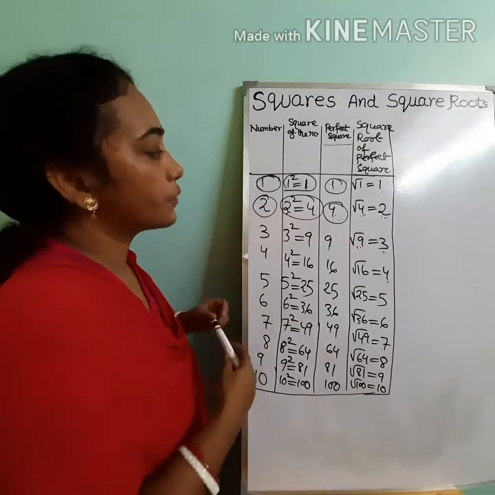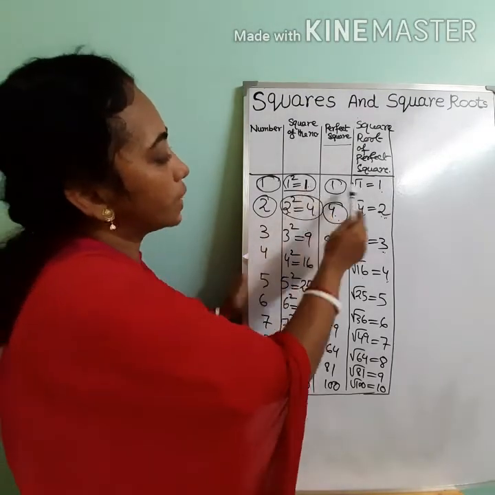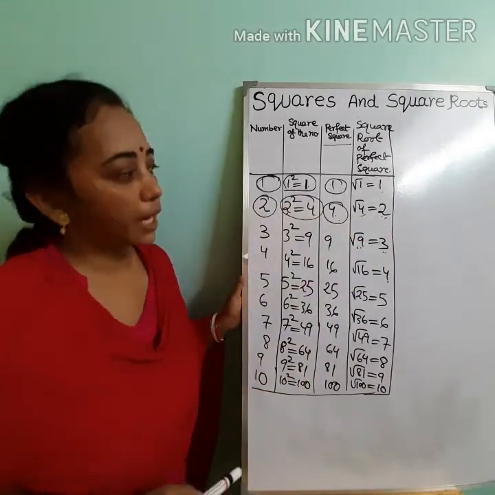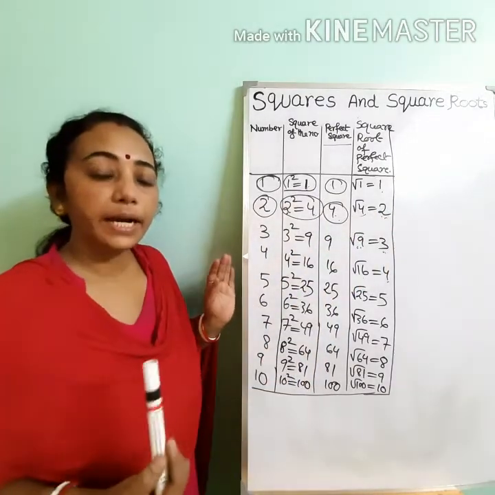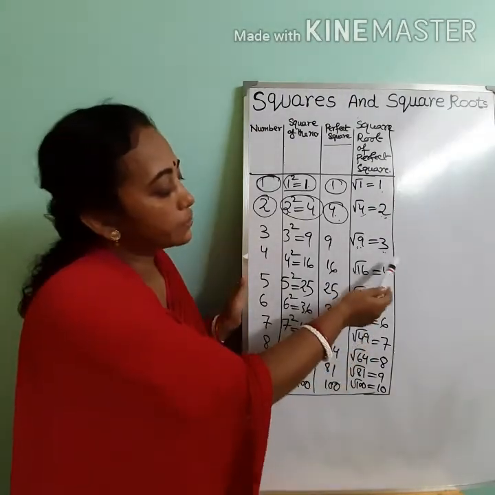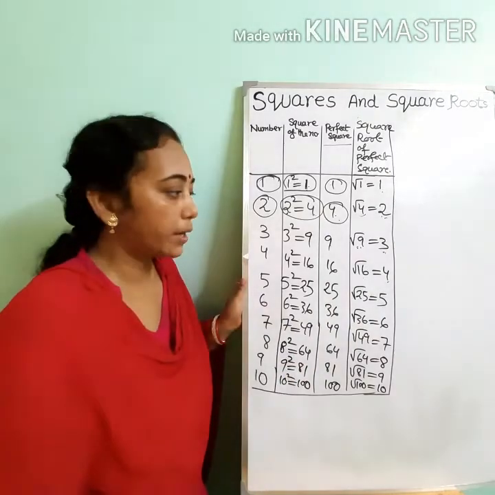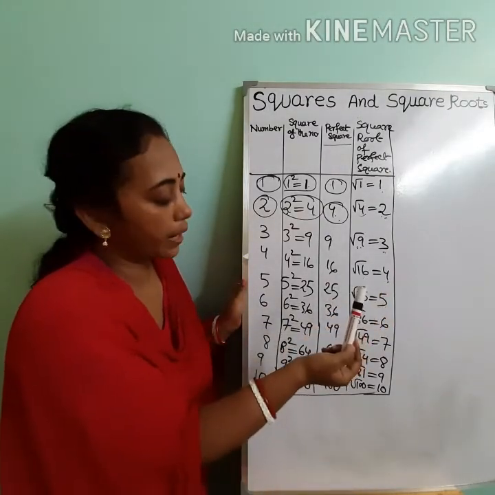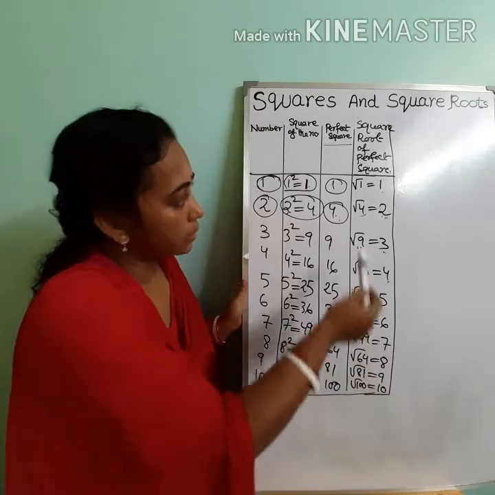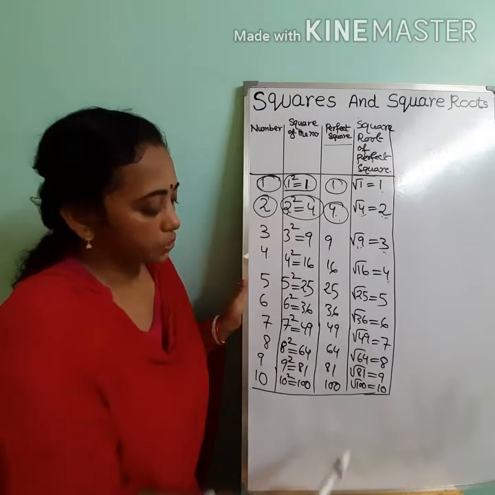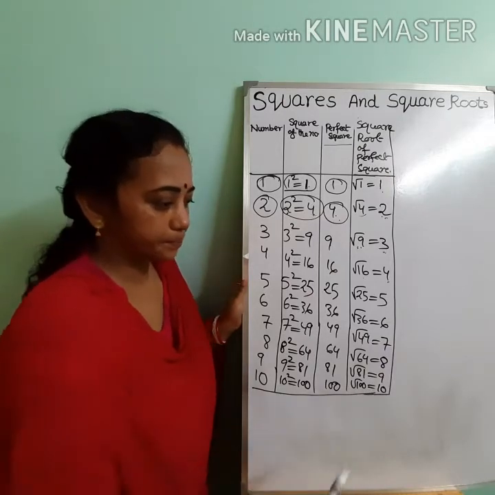Now the square root of a perfect square: the square root of 1 is 1, the square root of 4 is 2, because when 2 is multiplied by 2 we get the square number. When 3 is multiplied by 3 we get the square number, and when 4 is multiplied by 4 we get the square number. In this way the square roots of perfect squares are shown up to 100. So the square root of 100 is 10.